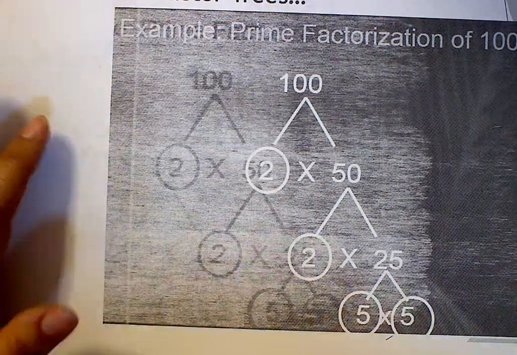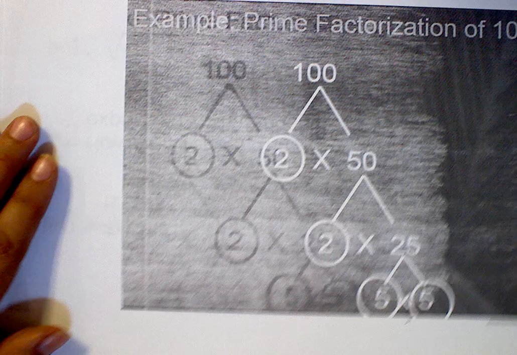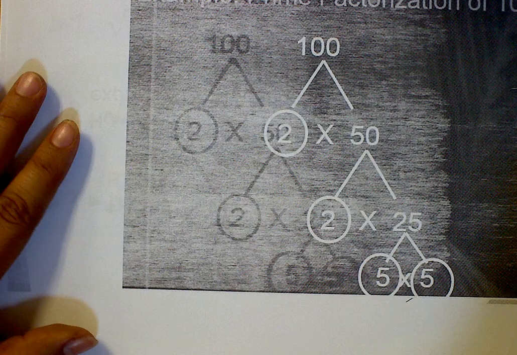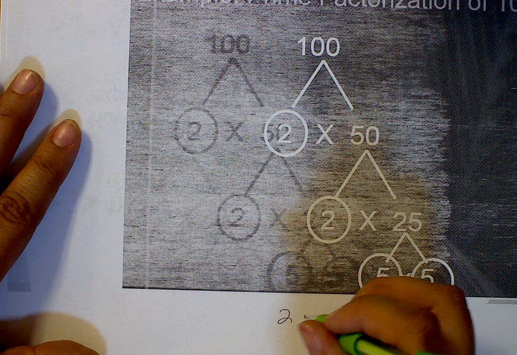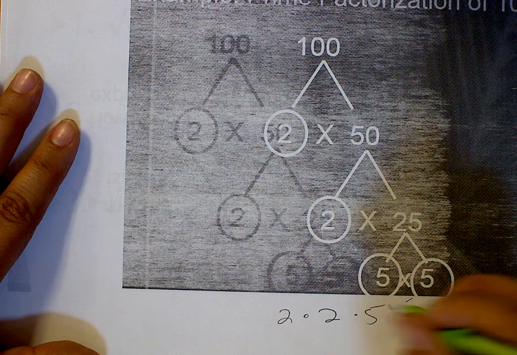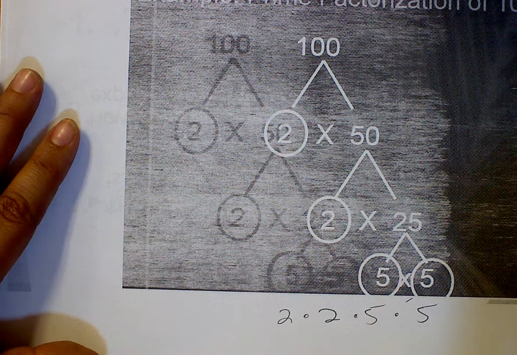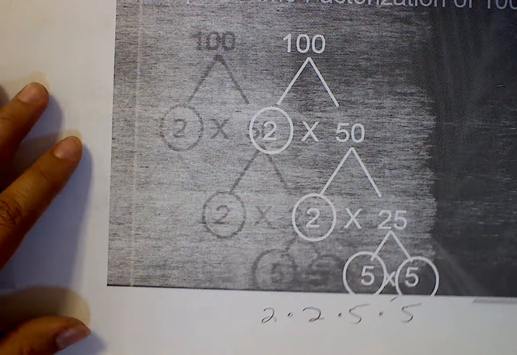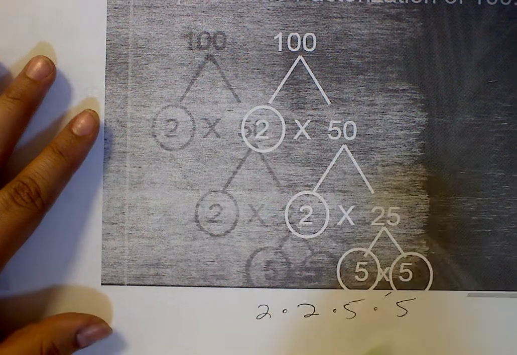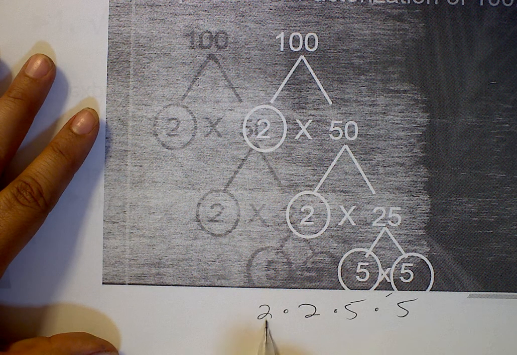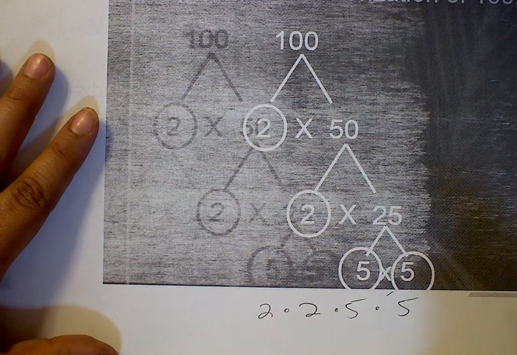Something I wanted to show you from here: the prime factorization for 100 would be 2 times 2 times 5 times 5. Whenever you have repeated numbers in multiplication, you can rewrite that using exponents.